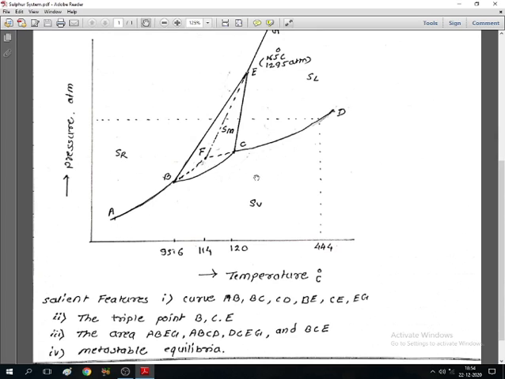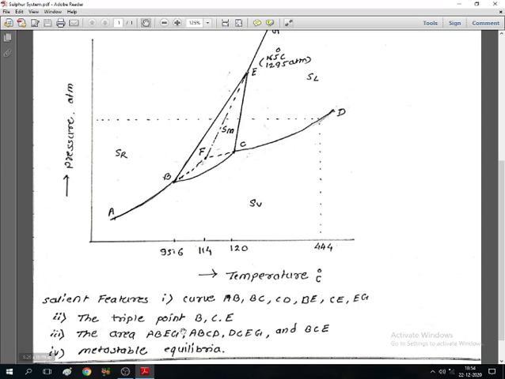Now the salient features of this phase diagram, याचे वैशिष्ट्य काय आहेत? There are the curves: curve AB, curve BC, curve CD, curve BE, curve CE, curve AZ. Now these are the 6 curves.